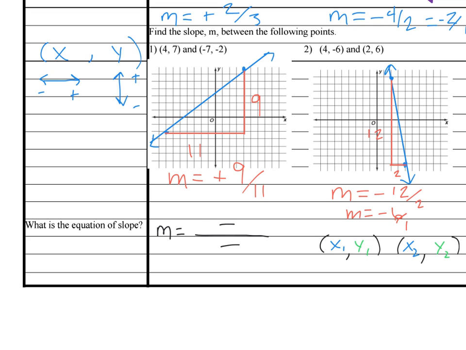In the first spot, we're going to put y2, so it says y2 minus y1. And that's because that's the change in y. So that goes on the top, and then the x's go on the bottom. And so we're going to do x2 minus x1. So our formula for slope is y2 minus y1 over x2 minus x1.